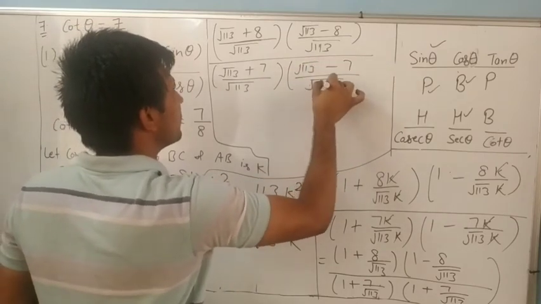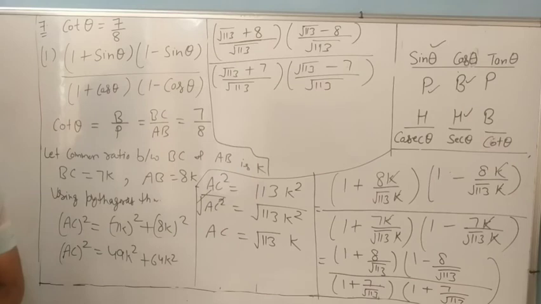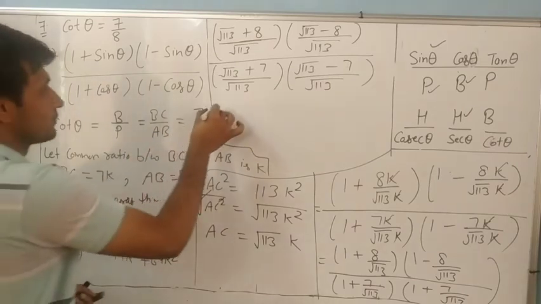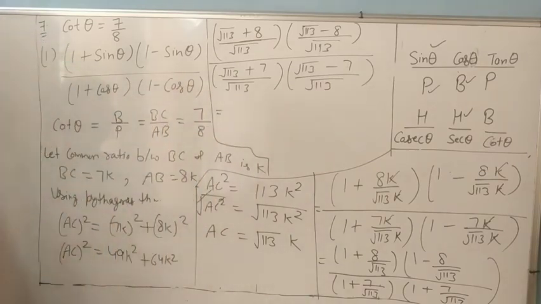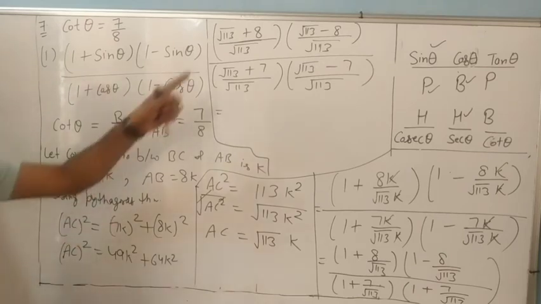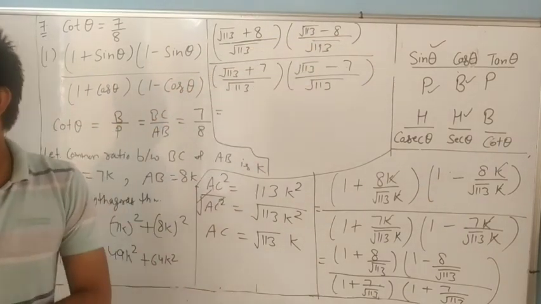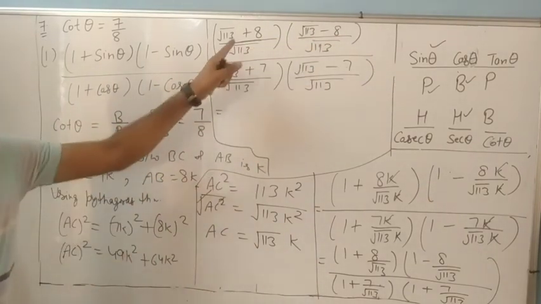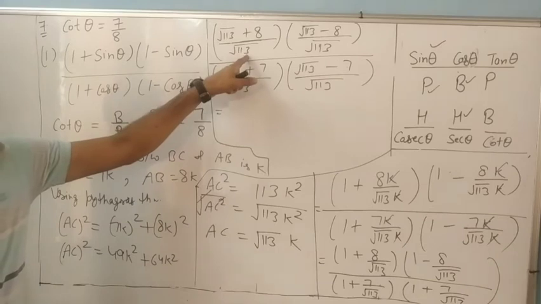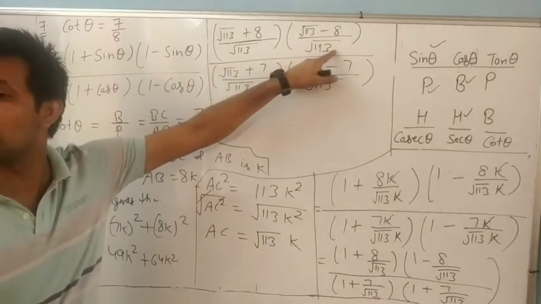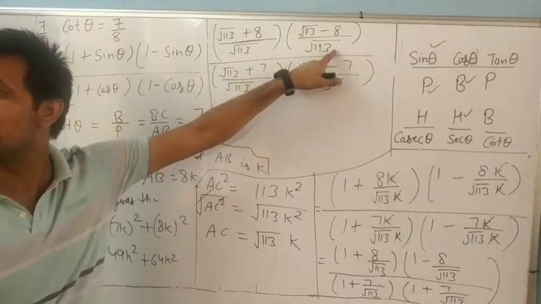Now it has become this, or not? Now look. What can you observe? Look at (a plus b) into (a minus b), and it is root 113 into root 113. What does the value become?